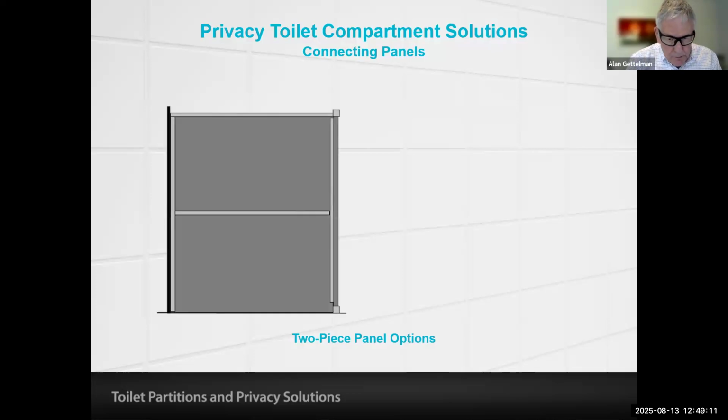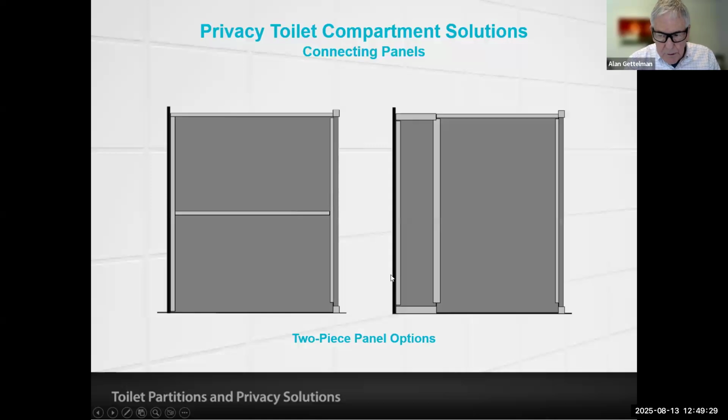Here you have an H panel used horizontally to combine two panels to create a deep panel with no gap at the floor.